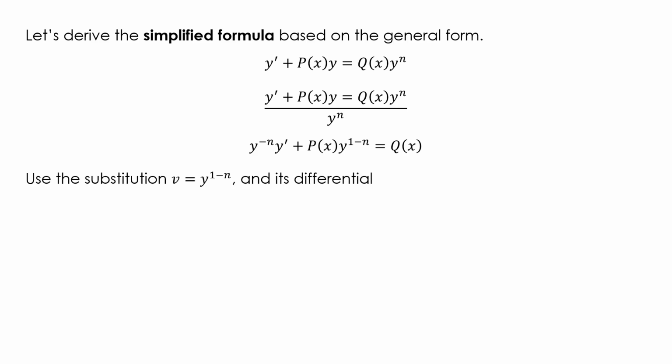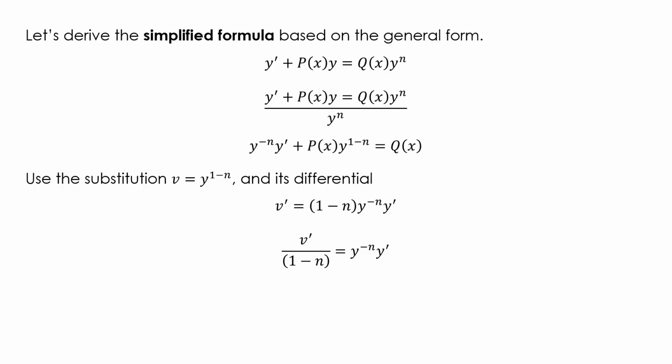Then we proceed with the substitution of v equals y raised to 1 minus n. Since we are replacing y, we should also replace y prime. So let's find the differential of that substitution. We have v prime equals 1 minus n times y raised to negative n y prime.